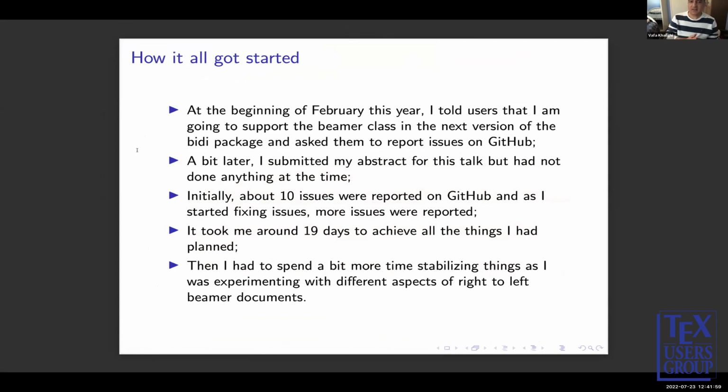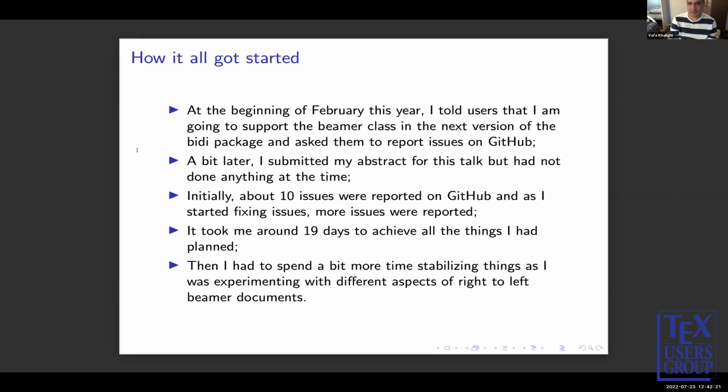So I had started at the beginning of February. I asked users that I'm going to support Beamer in the next version of the bidi package, and asked them to report issues on GitHub. A bit later, I submitted the abstract of this talk, but at the time I submitted the abstract, I hadn't done anything.